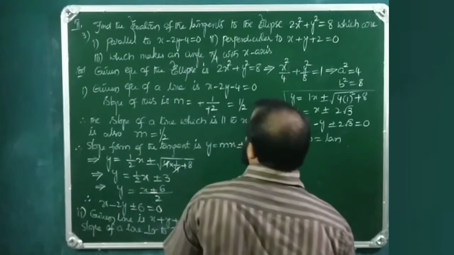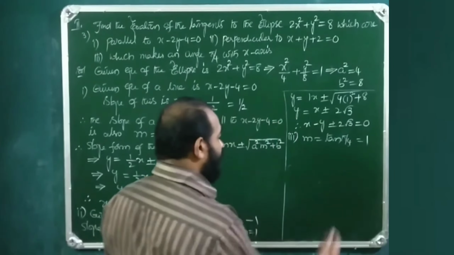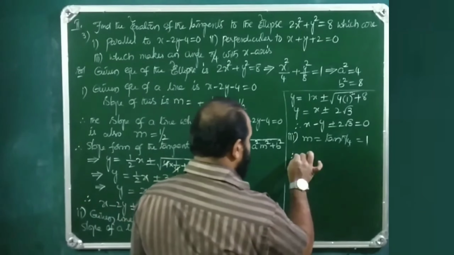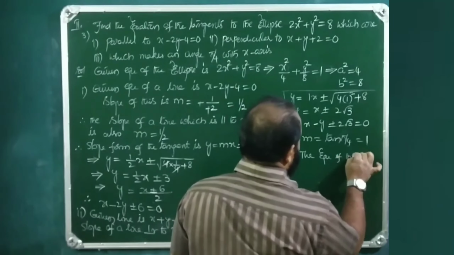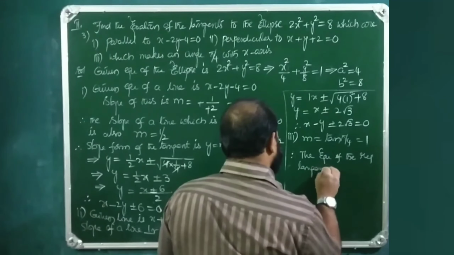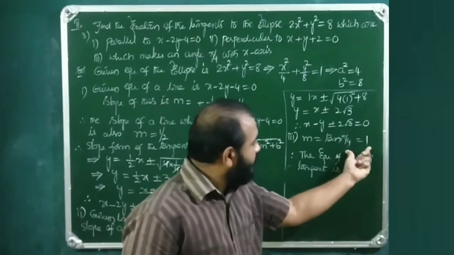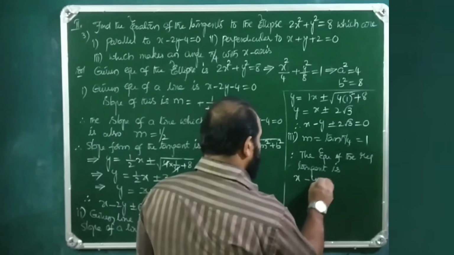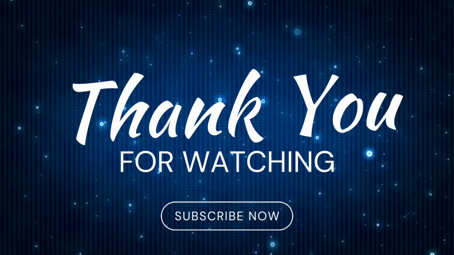Tan theta is tan pi by 4, tan 45 is 1. So we get the same. Therefore, the equation of the required tangent is the same: earlier m equals 1, here also m equals 1. So x minus y plus or minus 2 root 3 equals 0.